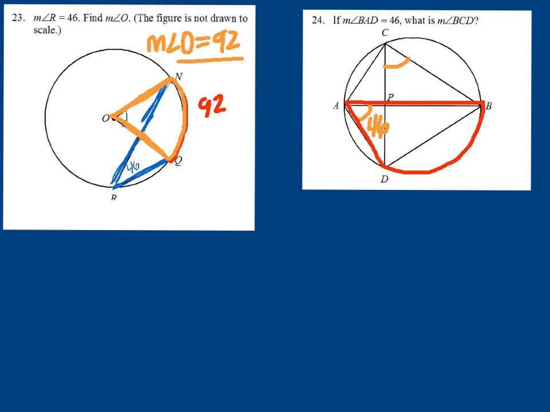We outline the other angle, BCD, that's another inscribed angle, and notice it has the same arc. So if we have corresponding arcs, then we have corresponding angles. So our angle is 46.